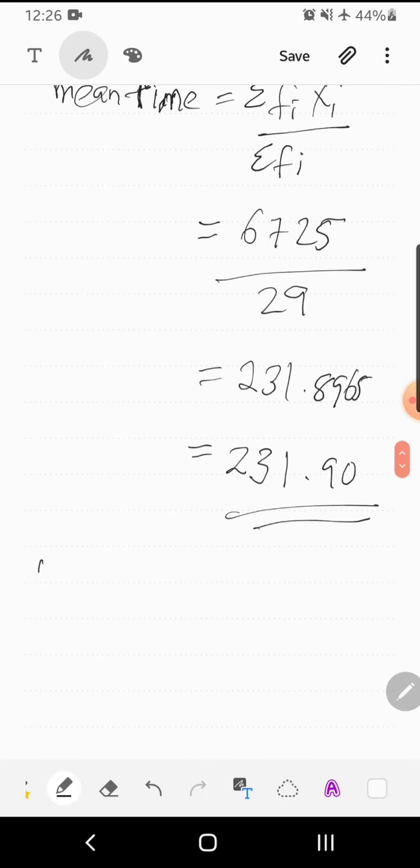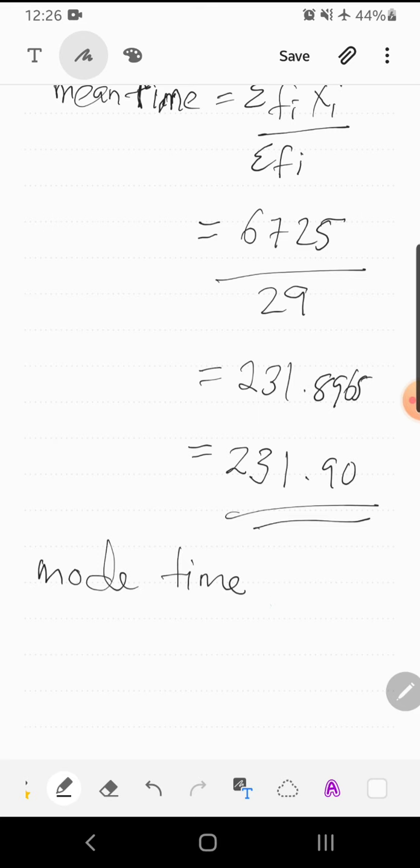Let's go to the mode. The mode time. Remember, this is just the time that it takes for 29 people to exercise. Okay, so for the mode, remember the mode is just the value with the highest frequency.